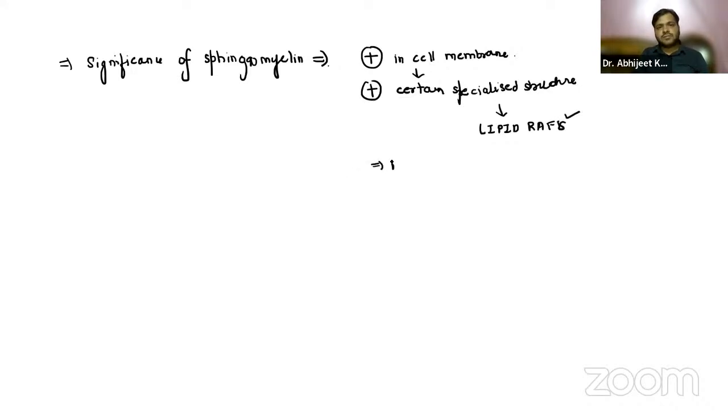It is present in the myelin sheath of nervous tissue. Also, it is present in the white matter of the brain.